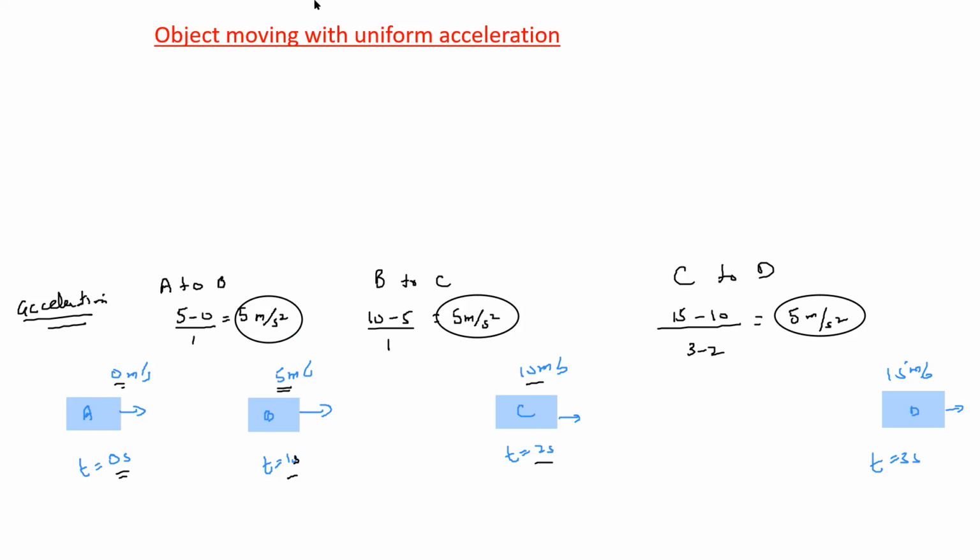Now when we sketch a graph to explain this motion, what will be the shape of the graph? So on the y-axis we have speed, on the x-axis we have time.